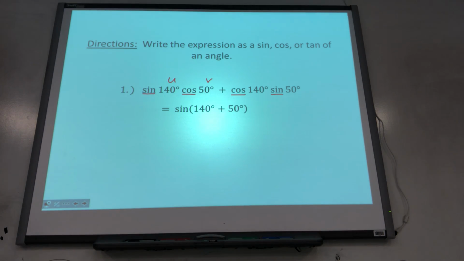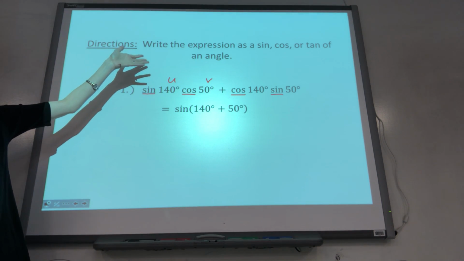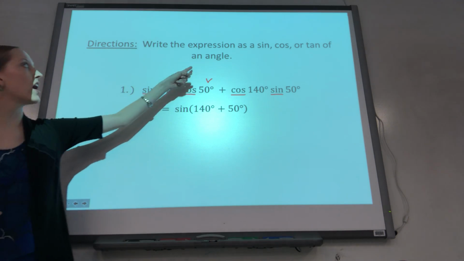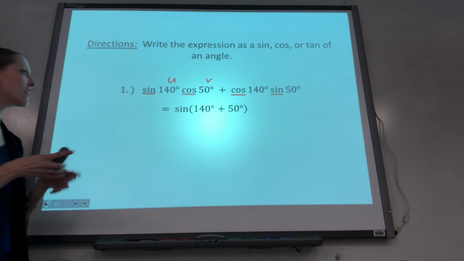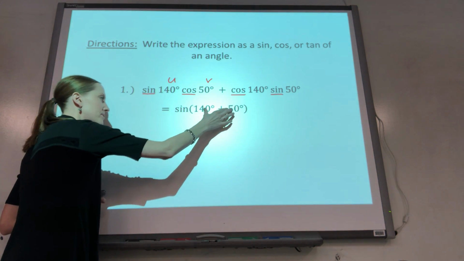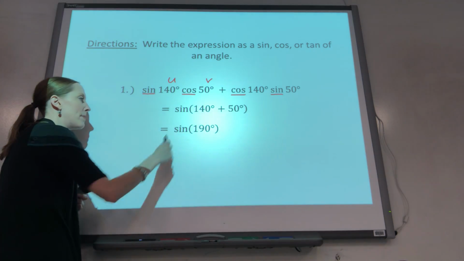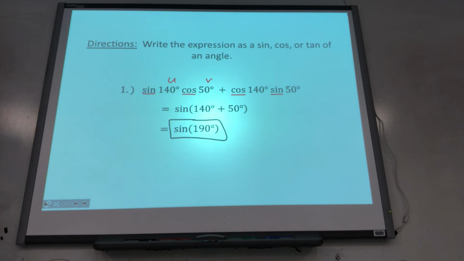So that's the first step, condensing it back down. Now, your directions said write it as a sine, cosine, or tangent of an angle, meaning only one angle. You don't want to leave these as 2 separate angles. Go ahead and add those up and turn it into sine of 190 degrees. That is what it would have started out as.